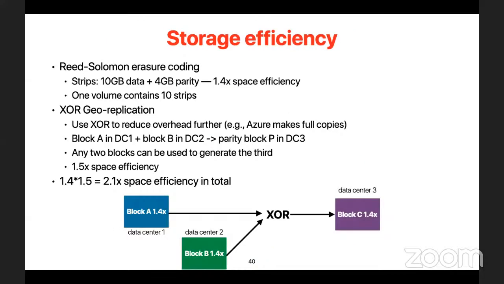It's actually a storage system designed for storage efficiency that uses Reed-Solomon erasure coding, in a way that is some kind of error correction code that uses 40% extra overhead to store parity bits that allow us to recover data if any bits go wrong.